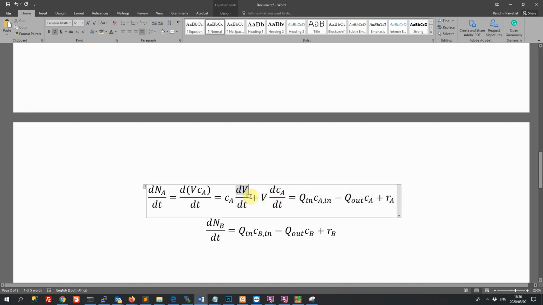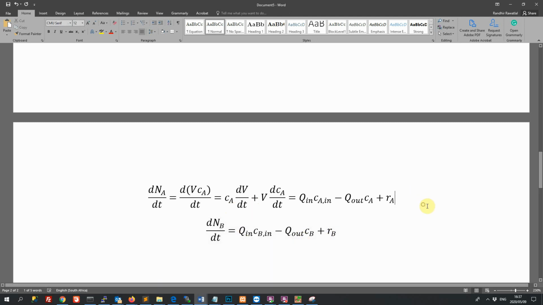However, we have this unspecified dV/dt here, and we can't generally say this is zero. And in fact, one of the students wrote to me about this problem, and I hadn't realized it was this problem. I thought it was the tutorial that I was being asked about. So in fact, in this problem, we don't have that Q in equals Q out.